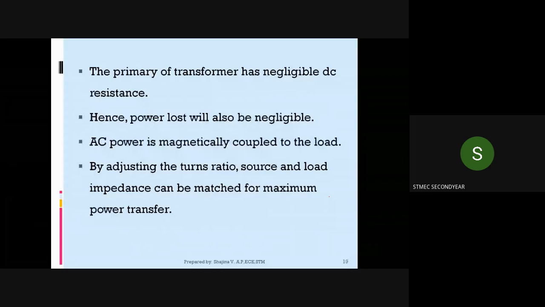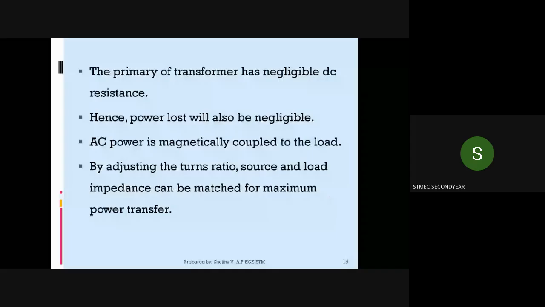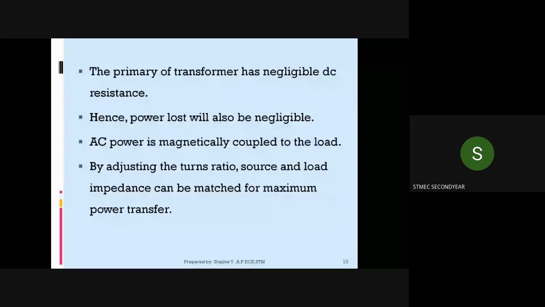By changing the turns ratio, we can change the impedance so that we obtain the condition for maximum power transfer. So impedance matching is possible by using this transformer, and thus we can obtain maximum power transfer.